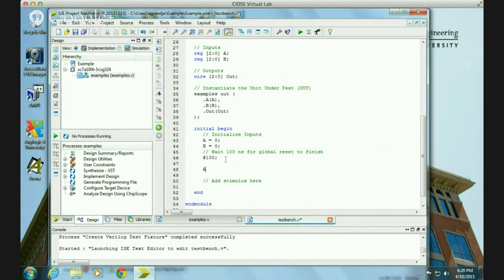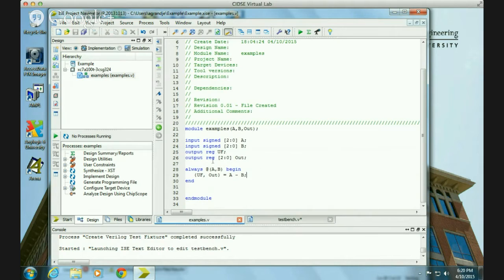That would not be represented as overflow. We want to actually be able to represent negative numbers, and that's where this signed comes into play. So, for example, C is our 3-bit numbers.